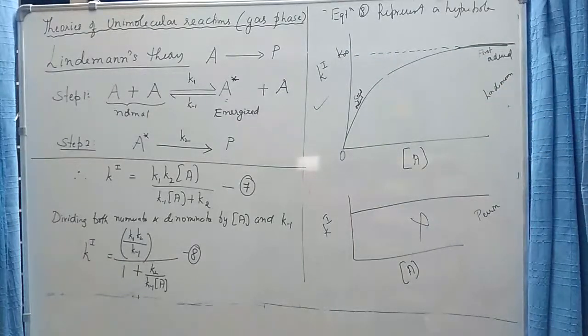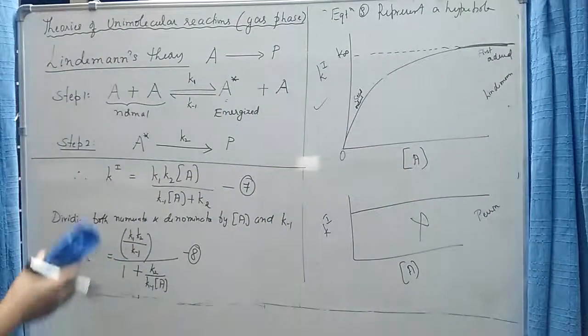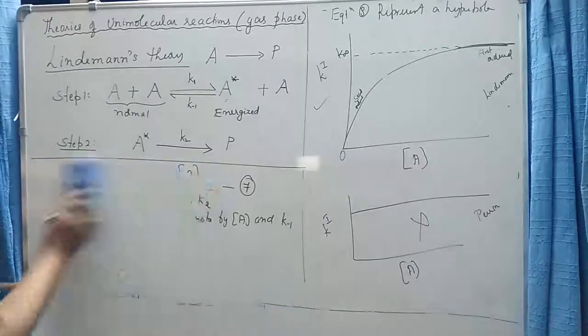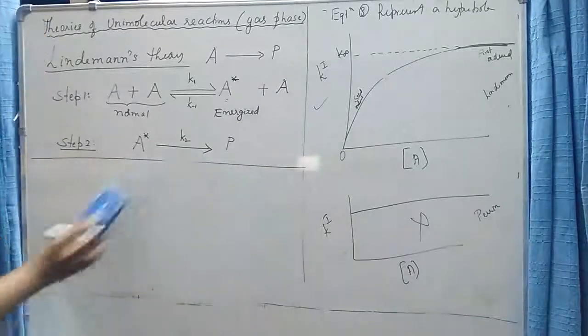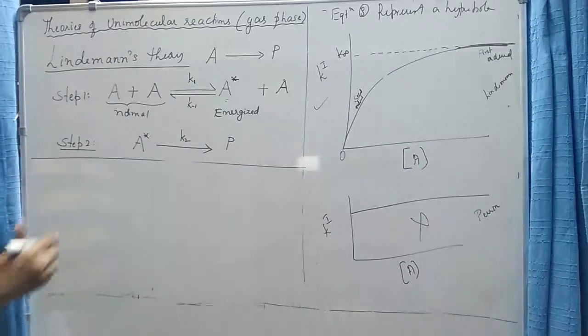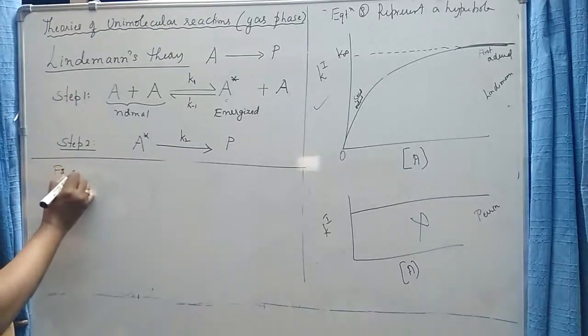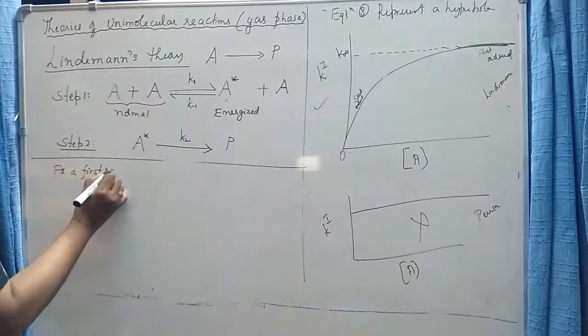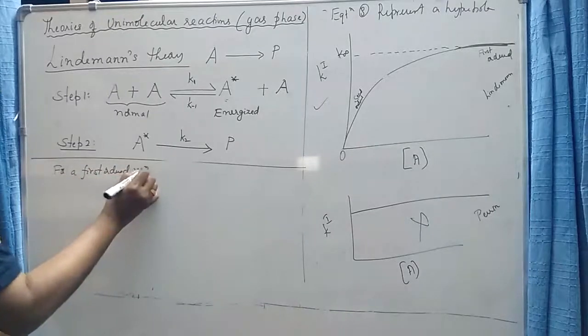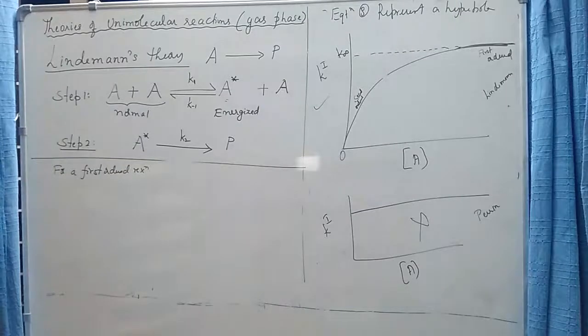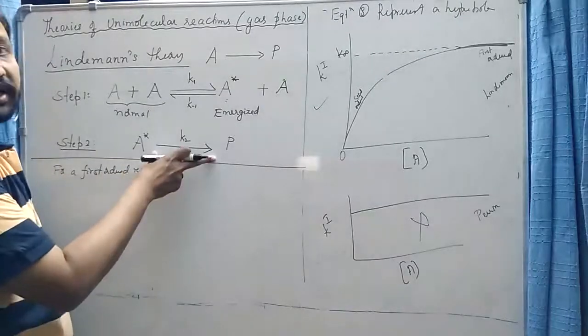Now let us consider a point where a first order reaction is converted into a second order reaction, or a second order reaction is converted into a first order reaction. For a first order reaction, I already discussed it in the previous video, this is the rate determining step.